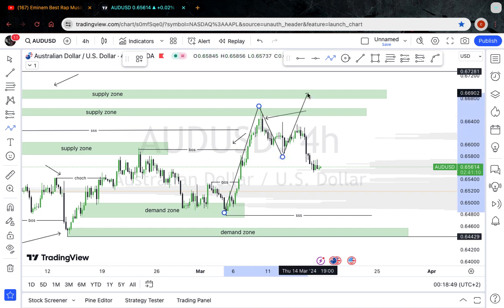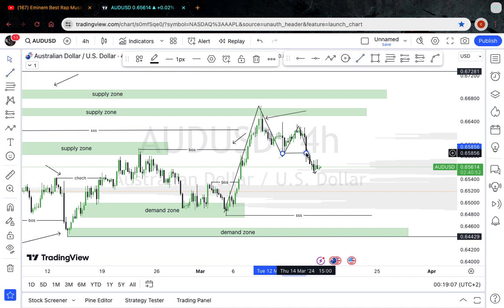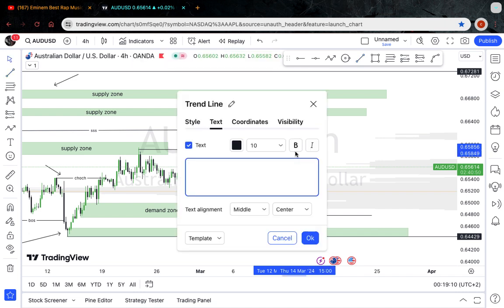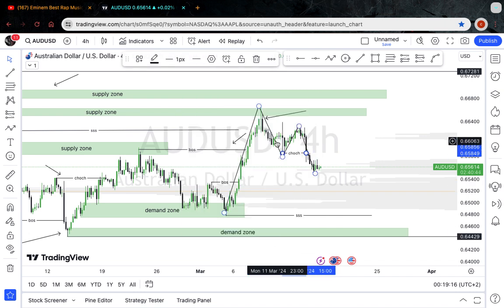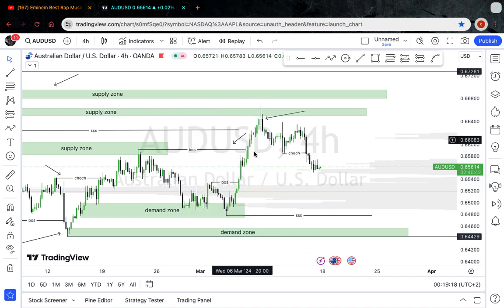It never took out the high, and then instead of taking out the highs, it took out the low, which gave us a change of character here on the H4 time frame. So we are just going to write CHoCH, which stands for change of character.